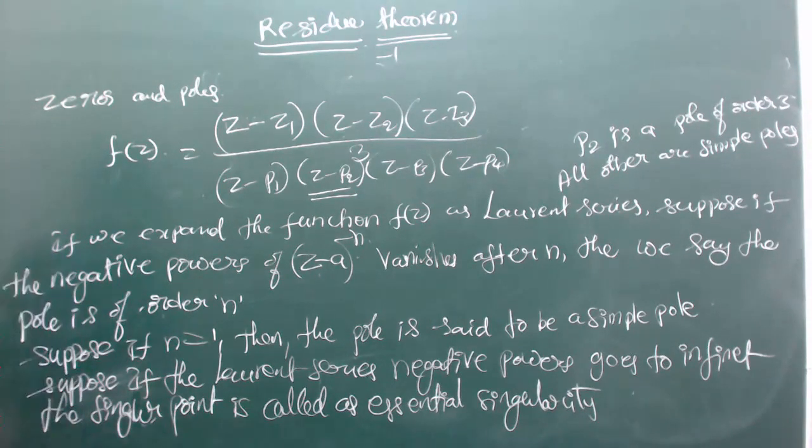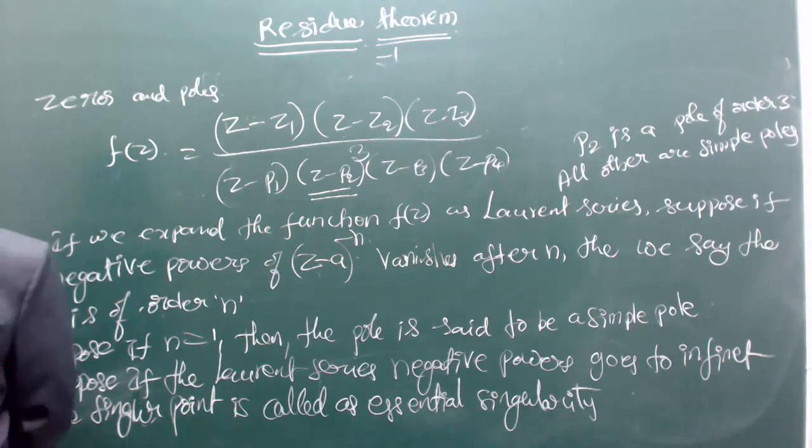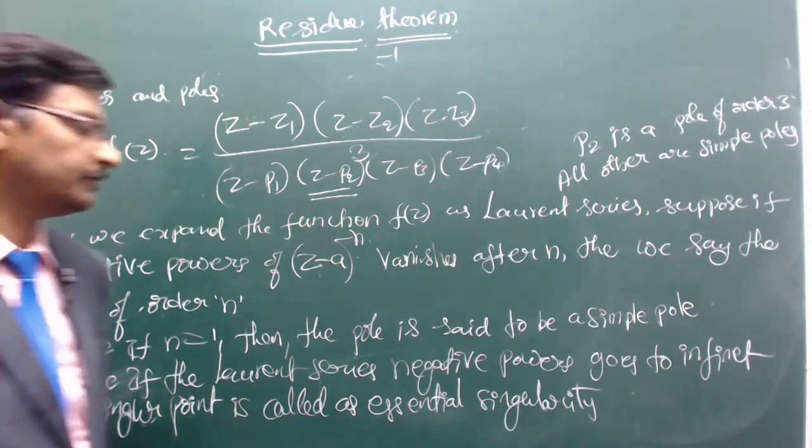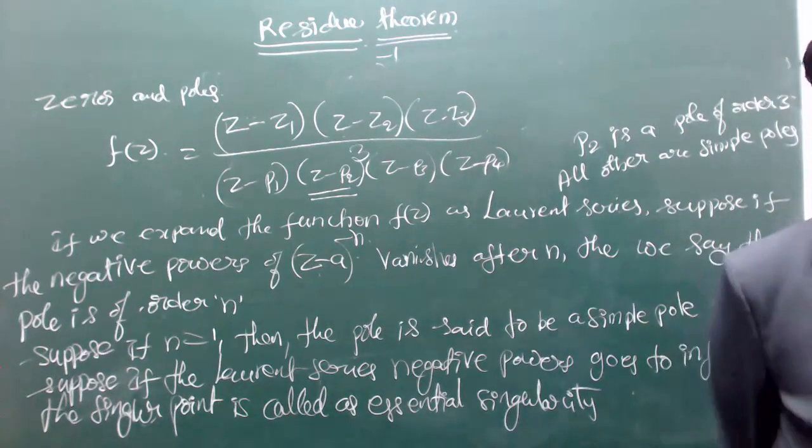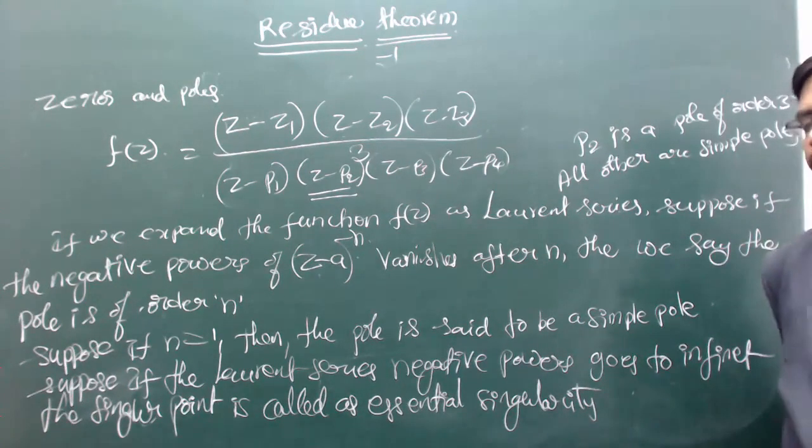Got it? Noted down? These are the different kinds of singular points: pole of order n, simple pole and essential singularity.